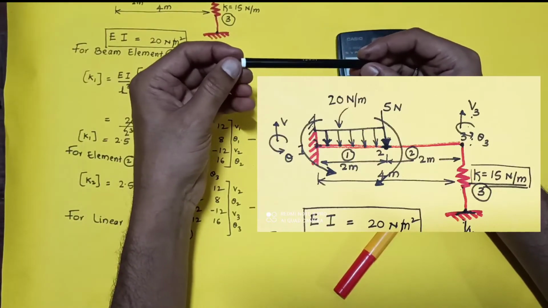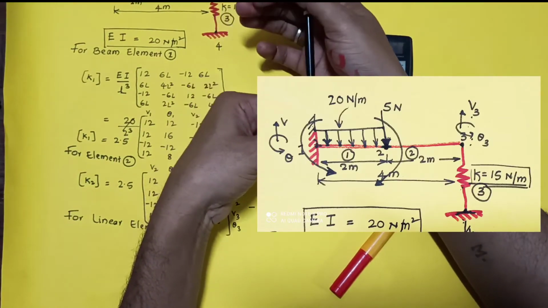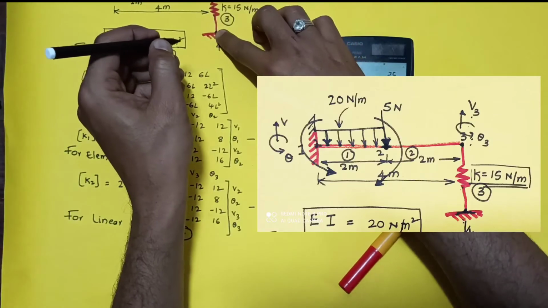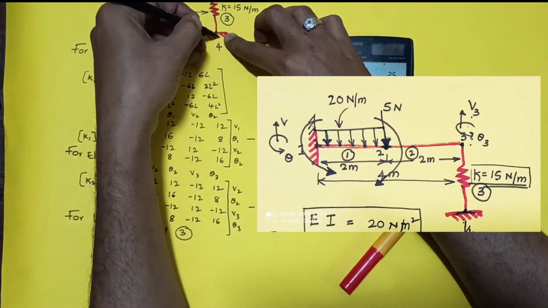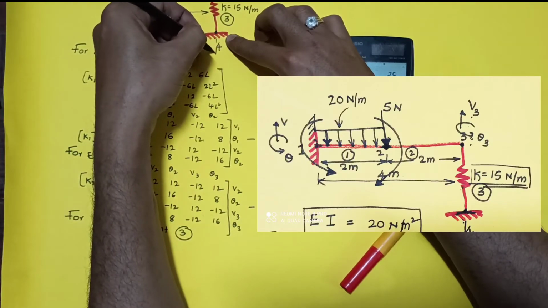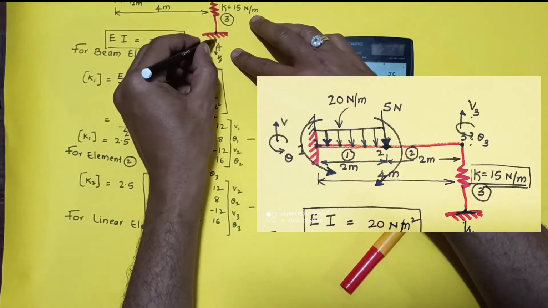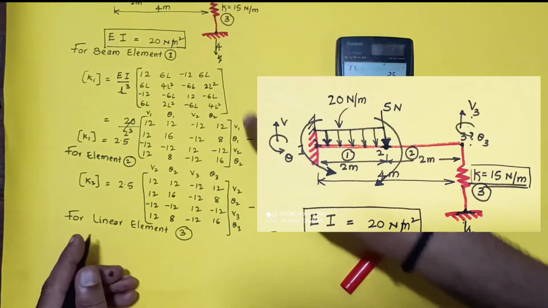When you apply the load, there will be only vertical deflection, only 1 in this case. One is already denoted as V3, and here we can take this as V4. So V3 and V4 will be the deflections.